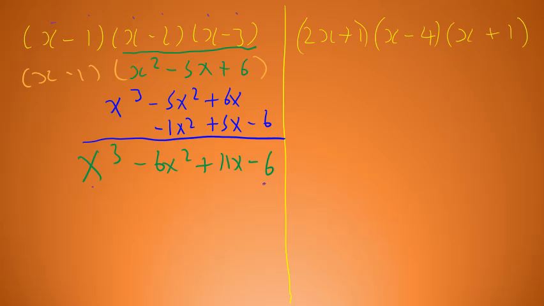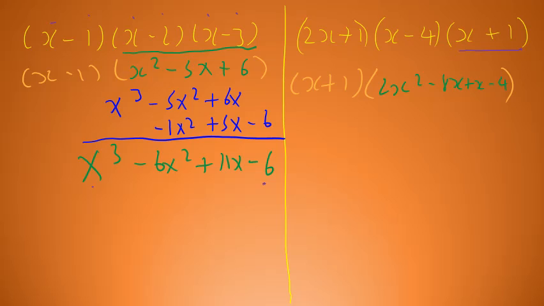Okay, this question here, and what I'll do here is I'll leave the x plus 1 till last, and I'll just focus on the first and the second bracket. So x plus 1, and that's going to be multiplied by 2x. 2x times x is going to be 2x squared, and 2x times 4 is going to be negative 8x, that's going to be plus x, and the last bit's going to be negative 4.